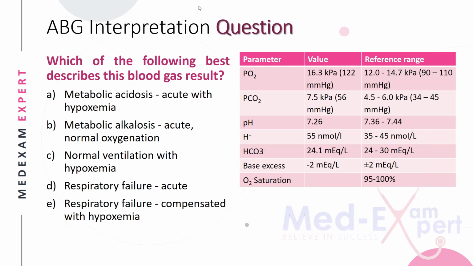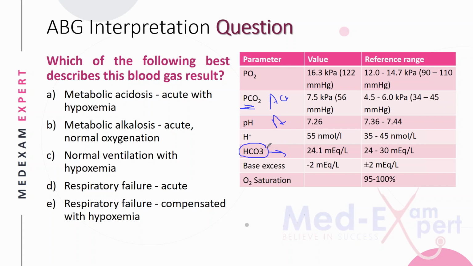Okay. So yes, let's check or interpret again. 26 is the pH, so it's acid. When I look for the carbon dioxide, yes, the carbon dioxide also is high. So carbon dioxide, when it increases, leads to acidosis. So acidosis here and acidosis here. Bicarb is normal level.